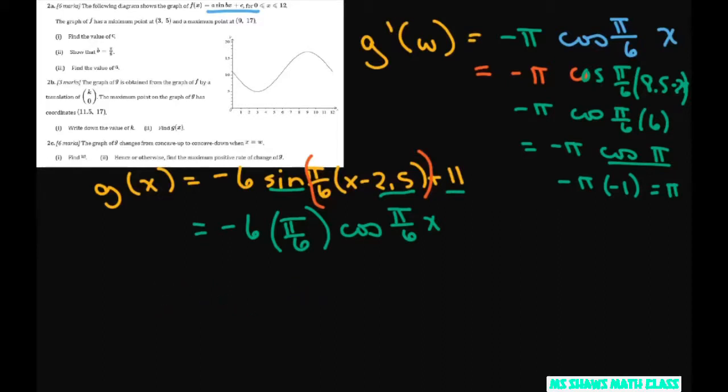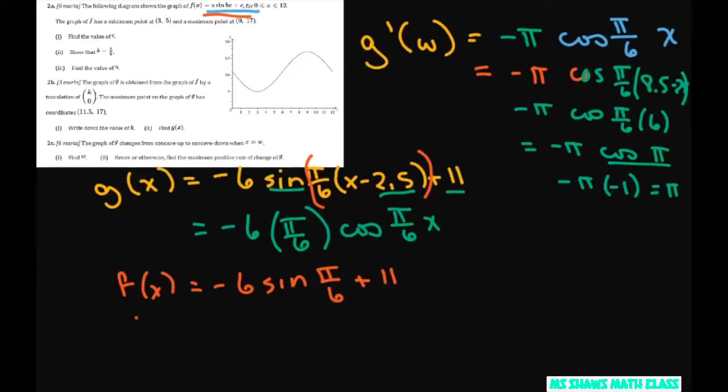Let's write down our equation for f of x. So f of x was negative 6 sine of pi over 6x plus 11.